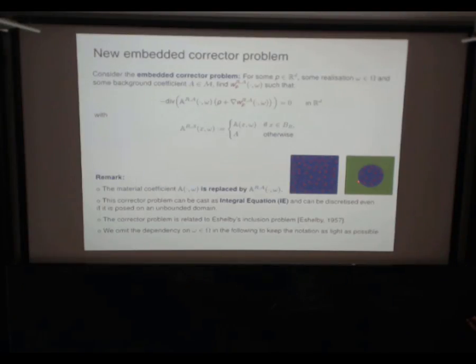What is important is that for some radius R, the exterior of this ball needs to be constant, and then still you can discretize. So this corrector problem is somehow related to Eshelby's inclusion problem, although to my knowledge this is only the case where we have one inclusion inside and then the bigger ball. But here we have arbitrarily many inclusions in this larger ball BR.